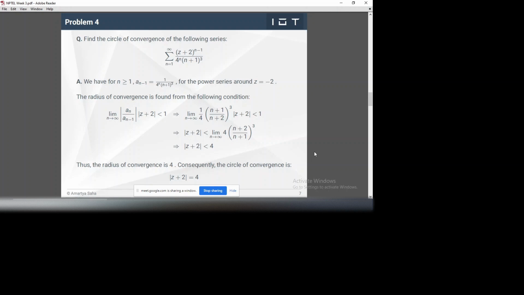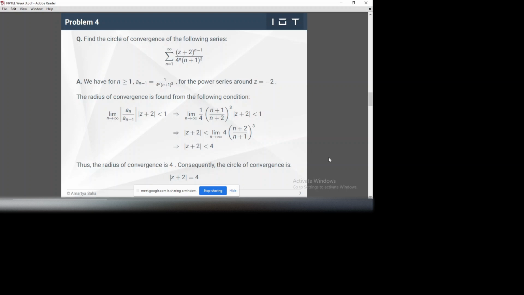And on the boundary of the circle, as we see, our ratio test fails because precisely at the boundary this ratio is exactly equal to 1. So precisely at the boundary, our test fails and we cannot conclude anything about the uniform convergence of this function.